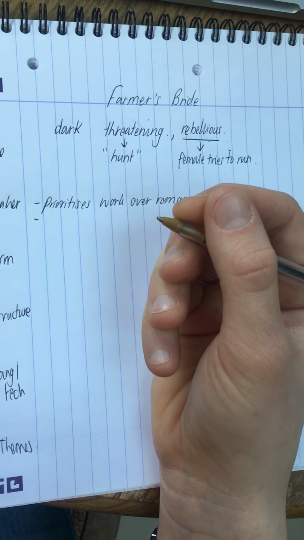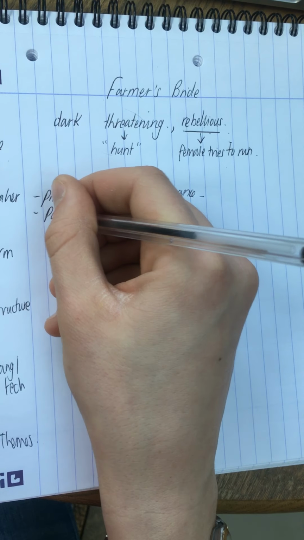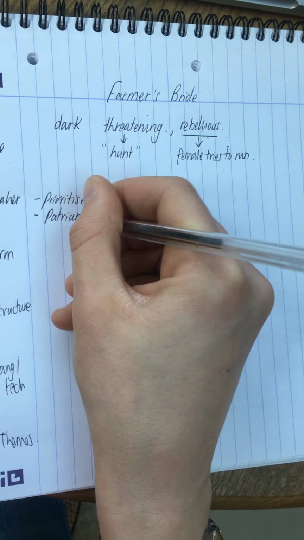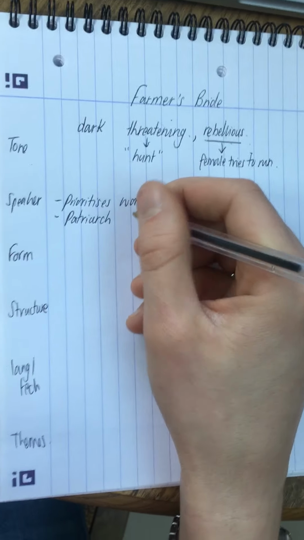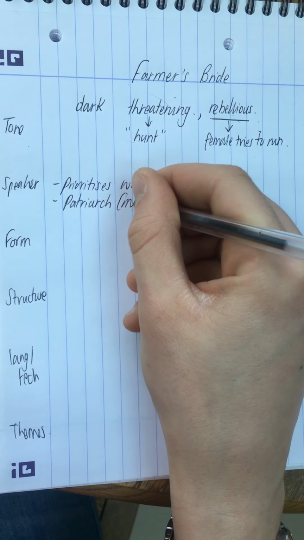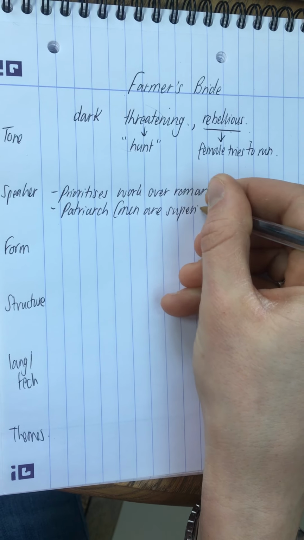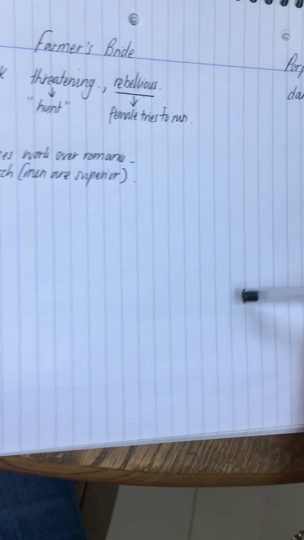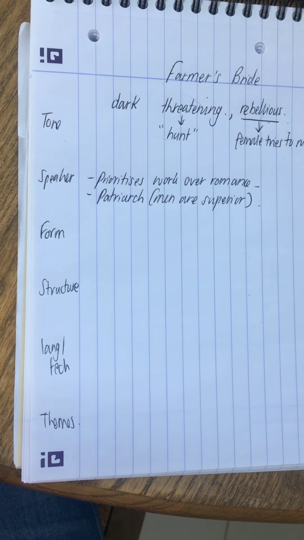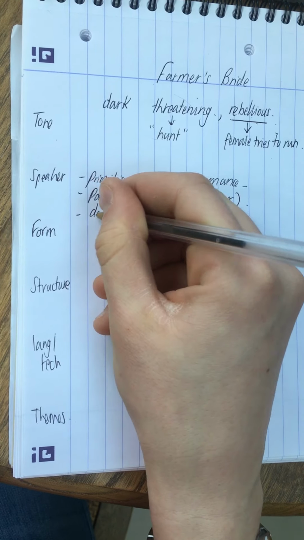We definitely could say that this speaker is a patriarch, which means someone who believes that men are superior to women. Yeah, men are superior. Okay, the speaker as well, he dominates.